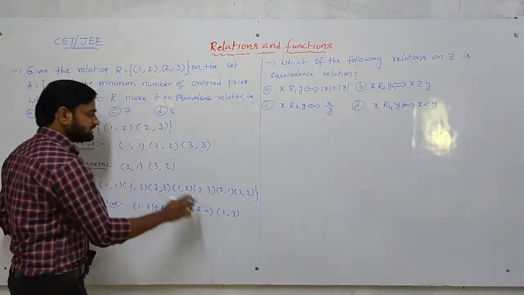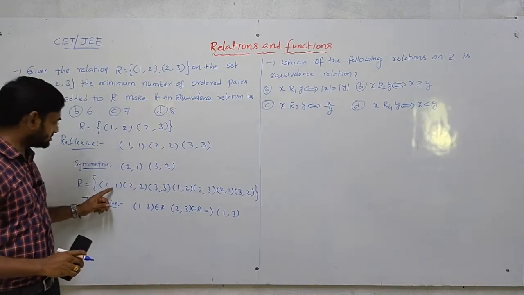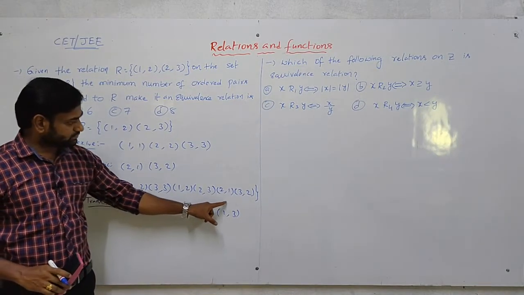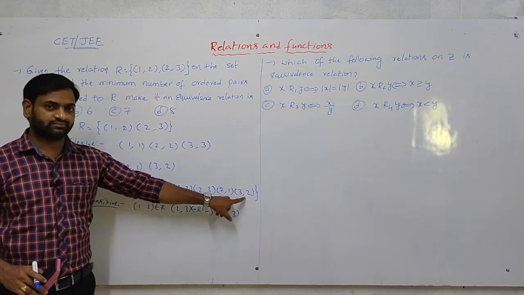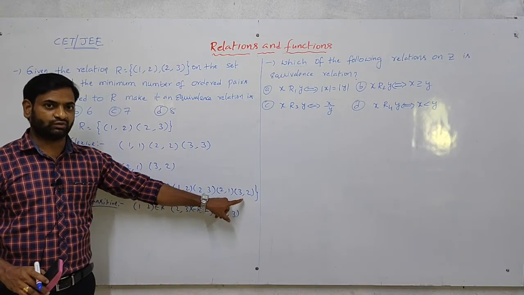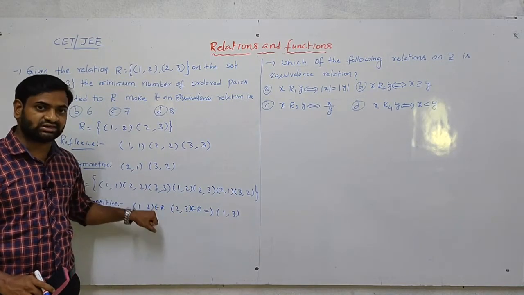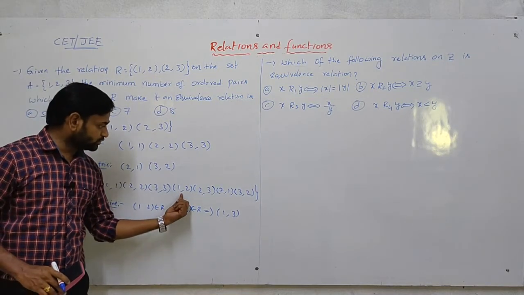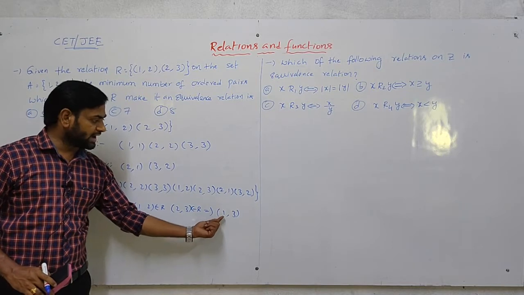Now is this (1, 3) in this relation? No. See once, is (1, 3) there? There is no (1, 3). So I want to add (1, 3) here, to make this transitive. Because here (1, 2) is there, (2, 3) is there, but (1, 3) is not here. That's why I want to add (1, 3).